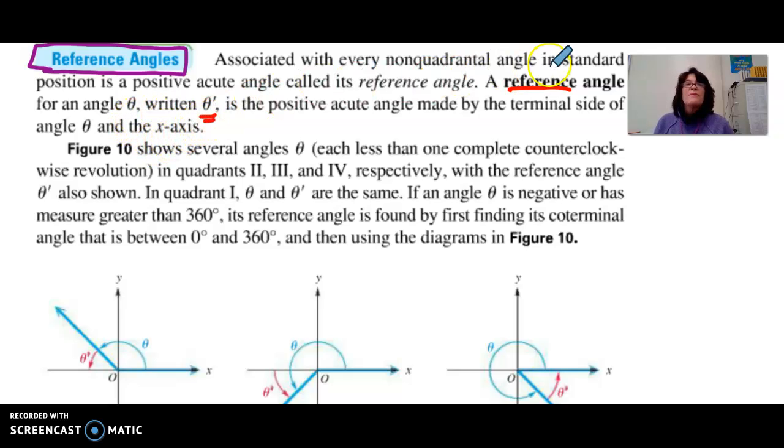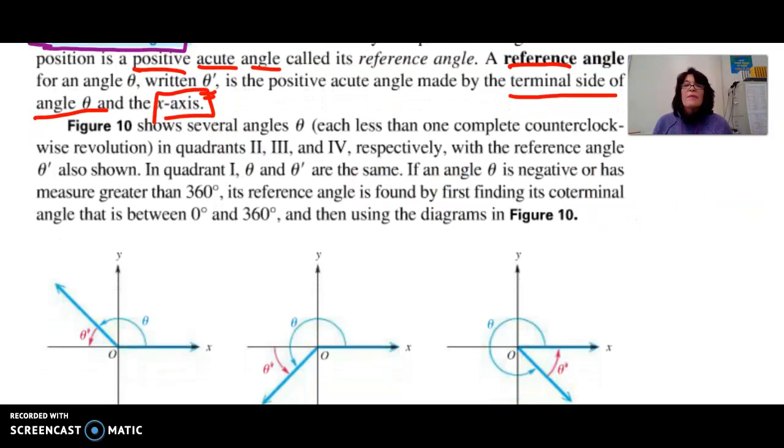The reference angle is the positive acute angle. Now, when I say positive, I don't mean that I'm drawing it in standard position. It's just that a reference angle is a positive degree measure or a positive radian measure. We're not going to talk about a reference angle being negative 20. It's the positive acute angle made by the terminal side of the original angle and the x-axis.